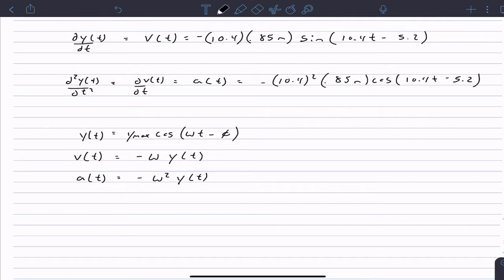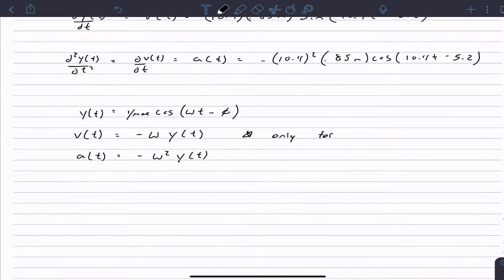Sorry, this one here, this is important. This one here is only true for t equals 0. Right? So otherwise this is not equal to this. So this one is true all the time. This one is actually, you end up with y max sine omega t minus phi, right?